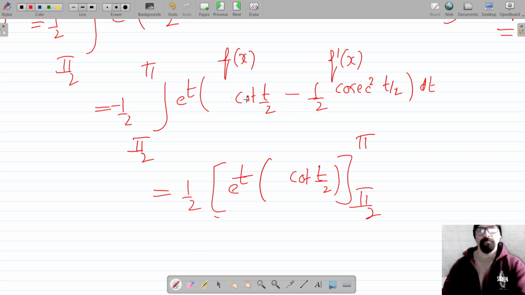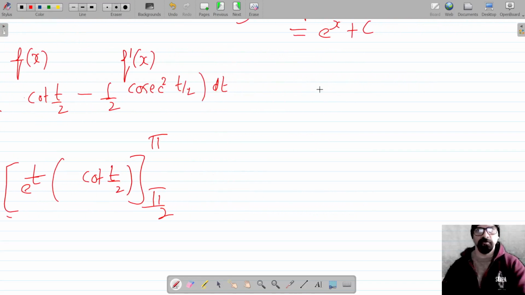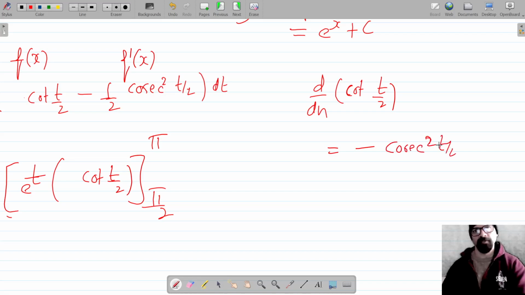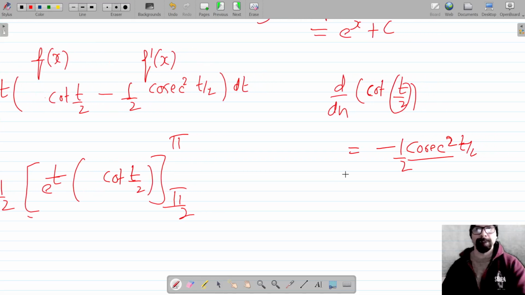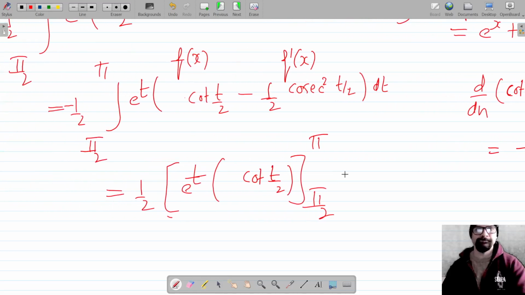So this is now f of x, and this is its differentiation, because we know that the differentiation of cot t by 2 is negative cosecant squared t by 2, divided by the differentiation of t by 2, which is half. So this is now half cot t by 2.